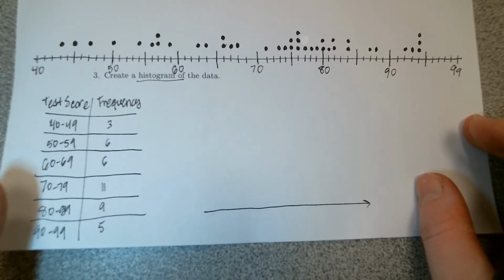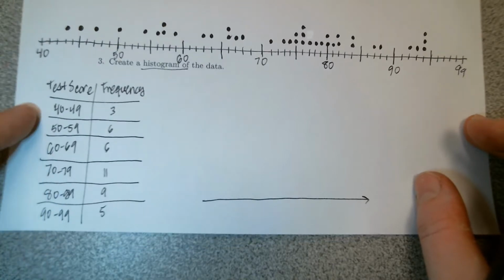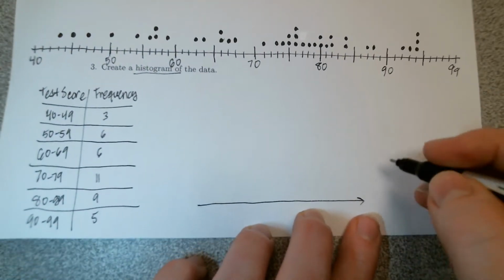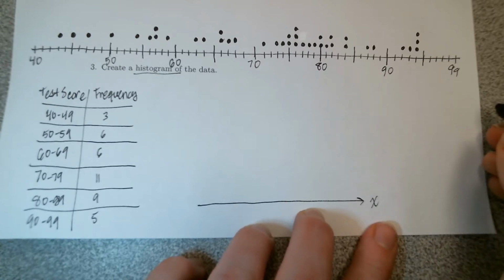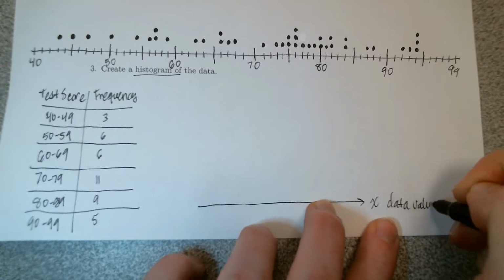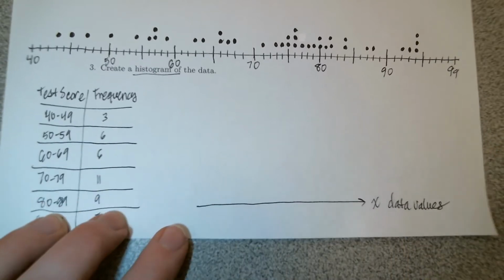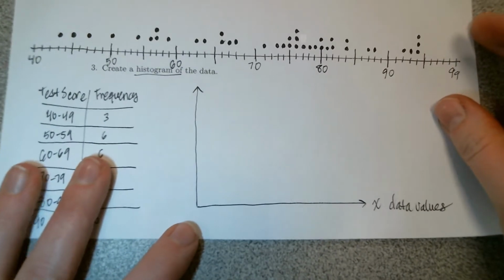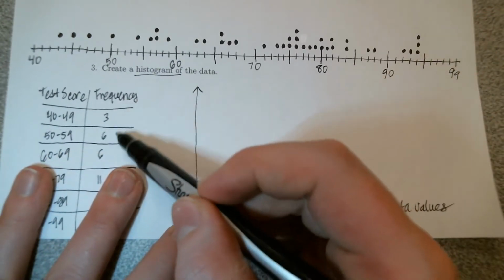In this case, we're going to indicate those with classes from our frequency distribution. So this is going to consist of your x values, your actual data values. And on the vertical axis, we're going to keep track of the frequency.